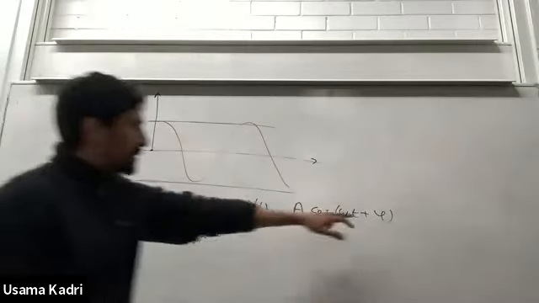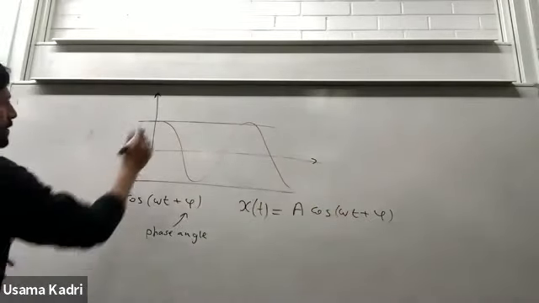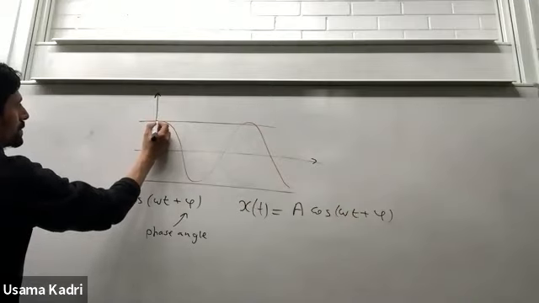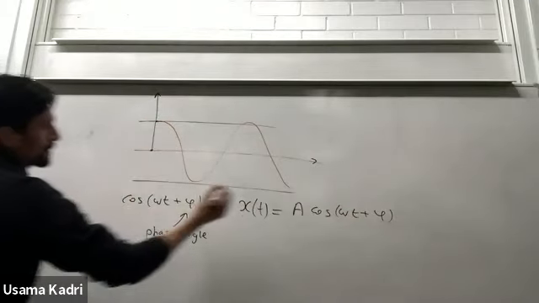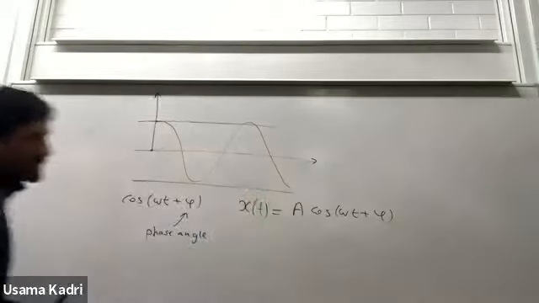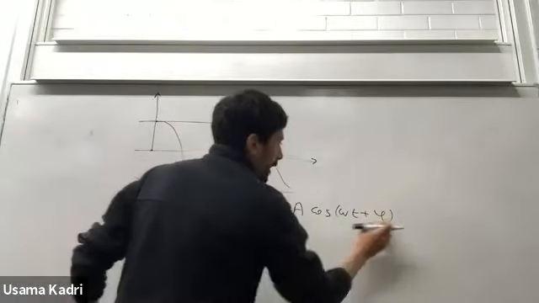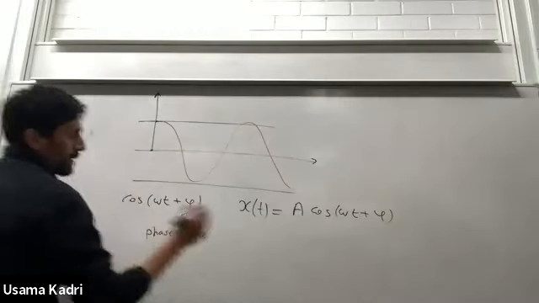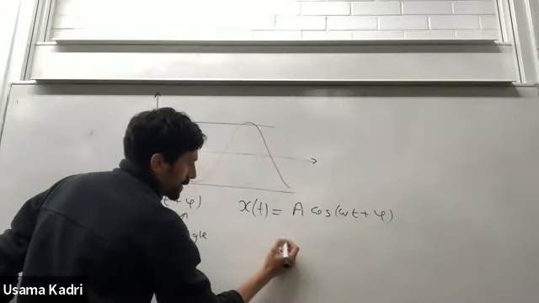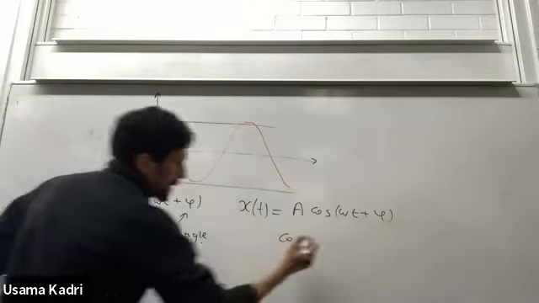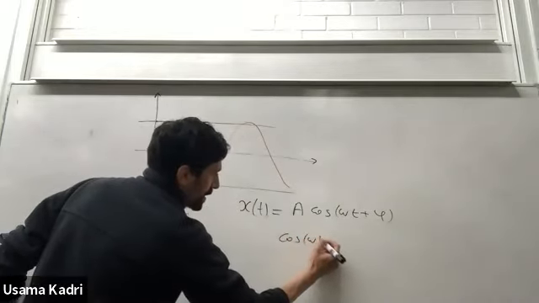In this case here, phi would be 0, right? I can change this phi. I can write, for example, cosine. So this one has a cosine omega t.